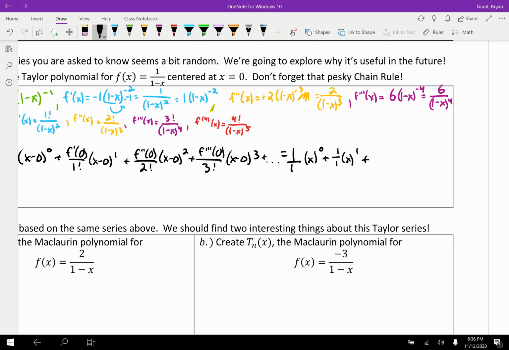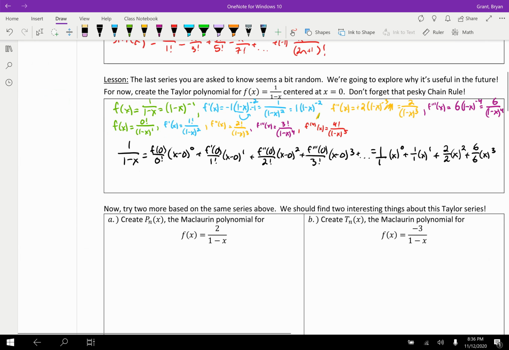The next one, f double prime of 0, plug in 0, we get 2 over here. So 2 over 2 factorial, which is 2, which again reduces to 1, but we can reduce that later on. And then my next one, we are going to be over 3 factorial, and the third derivative is 6. So we get 6 over 3 factorial, 3 times 2 is 6, x cubed. Notice that the factorial on the top is canceling the factorial on the bottom.